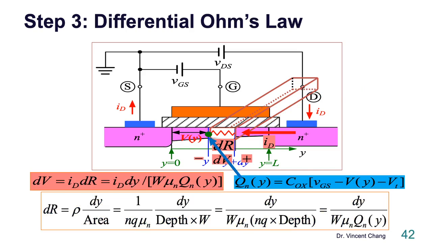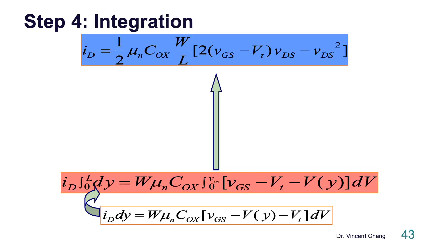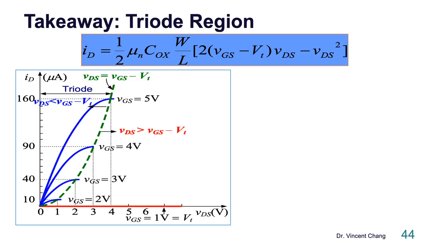The linearity remains when the nonlinear curve only deals with a very small segment. Step number 4, integrating the whole channel. The left hand side from 0 to L, the right hand side from 0 to VDS.